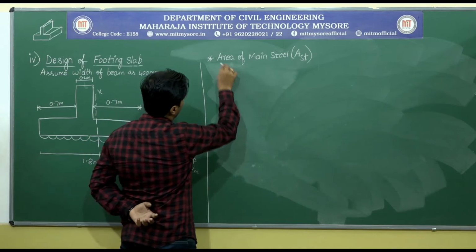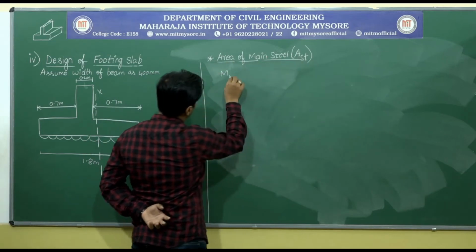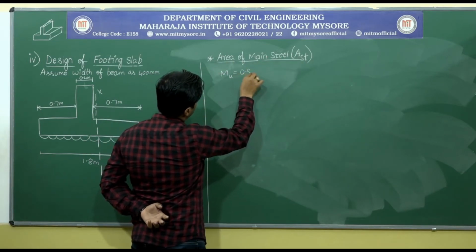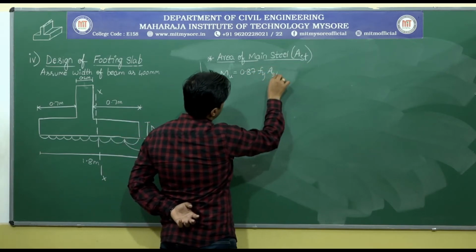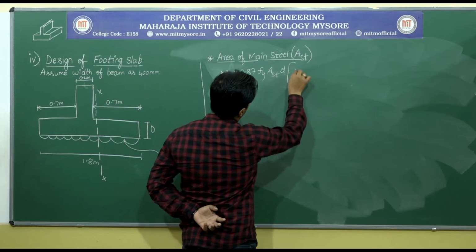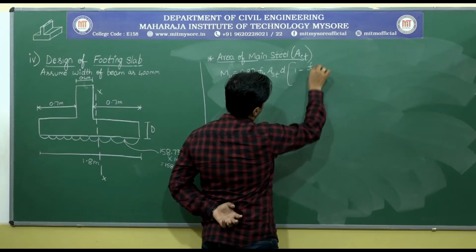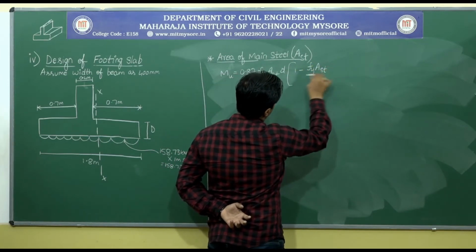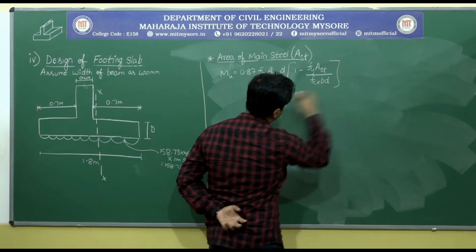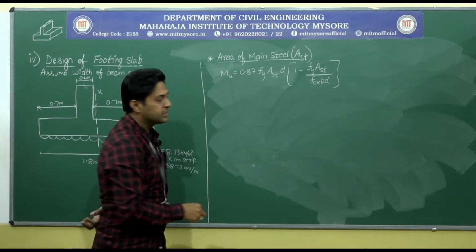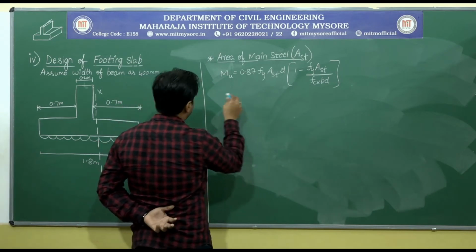Mu is equal to 0.87 Fy AST into D into 1 minus Fy AST divided by FCK B into D. Yes or no?